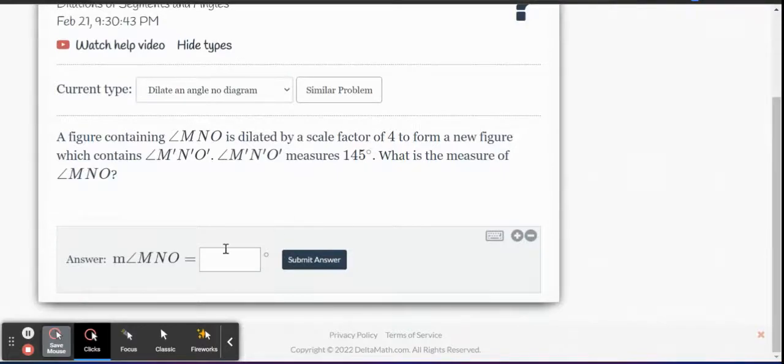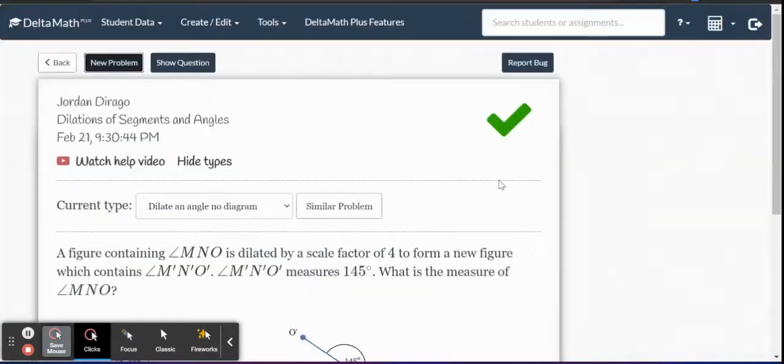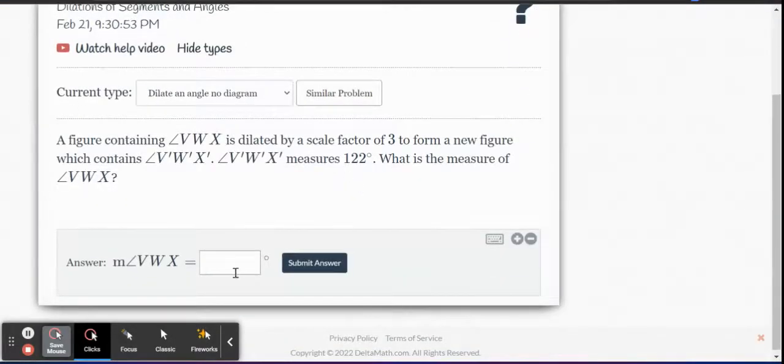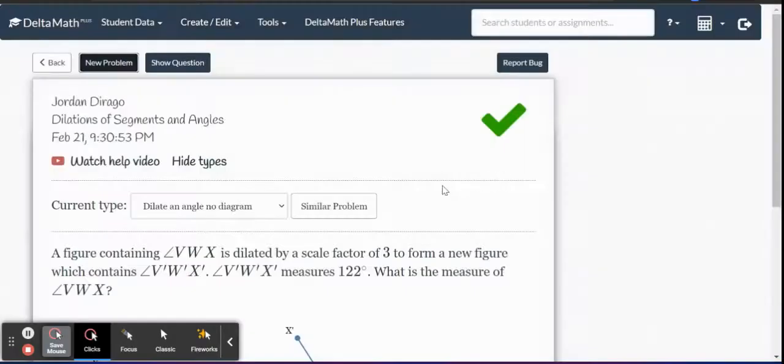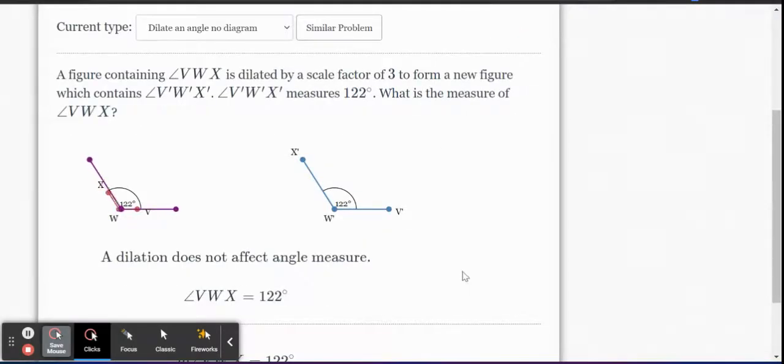Stays 145. Doesn't matter what you multiply it by. And one more, same thing, 122, 122. So the angle measure stays the same, just not the side length. Those you have to multiply or divide by the scale factor depending on the scenario.